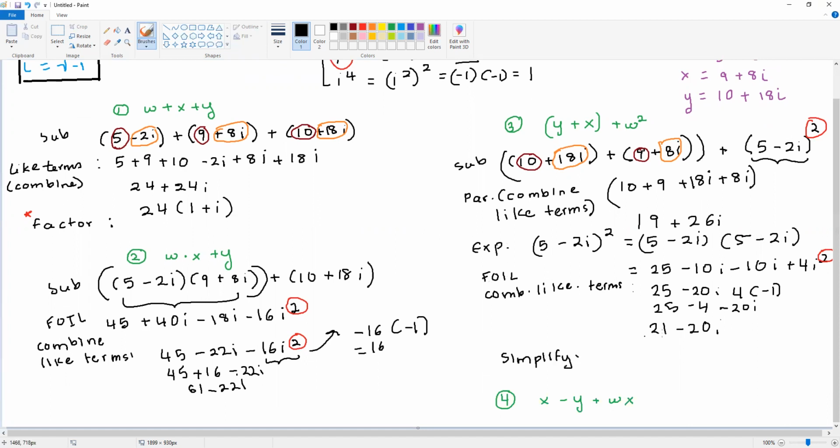So what we also have to do now is add or simplify. So how we're going to do that is we are going to do 19 plus 26i plus 21 minus 20i. Okay, and now we're just going to combine like terms. So 19 plus 21 plus 26i minus 20i.